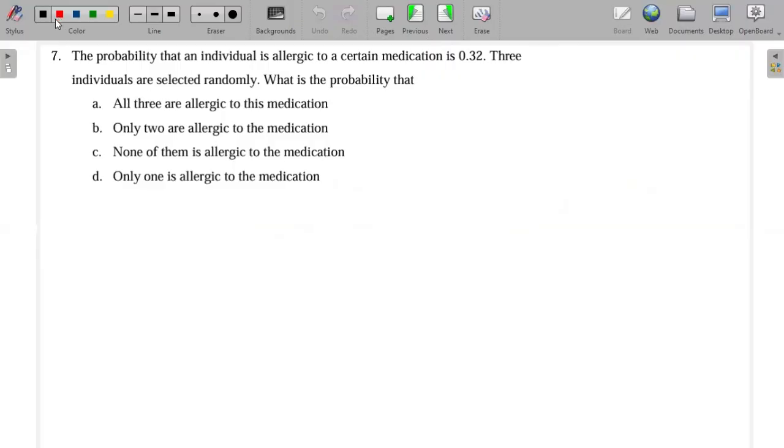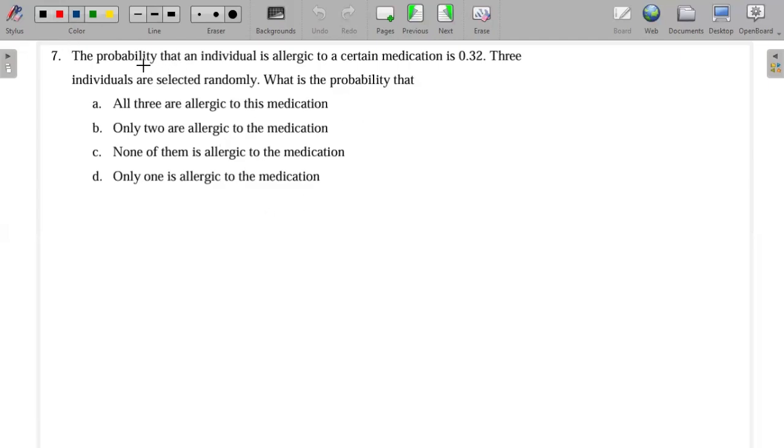So here, we need to draw a tree diagram in order to answer this probability. Such a question is similar to the one that we had in secondary, grade 12. So they like to bring such a question here.